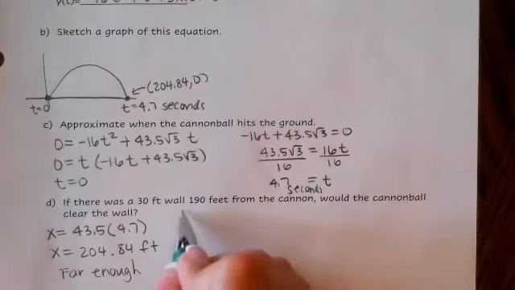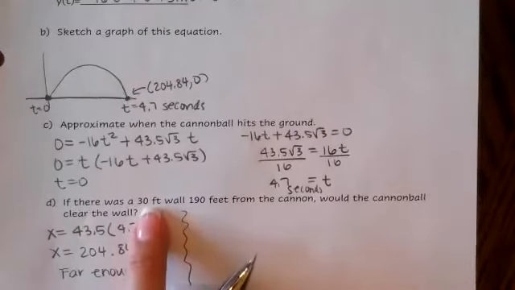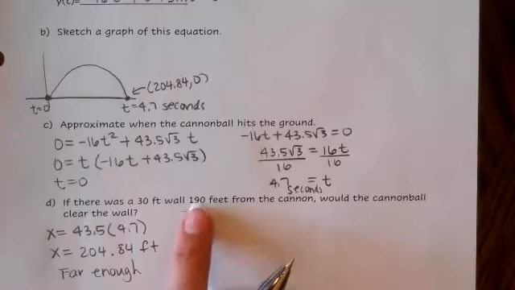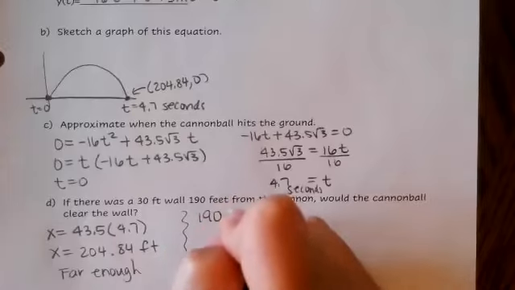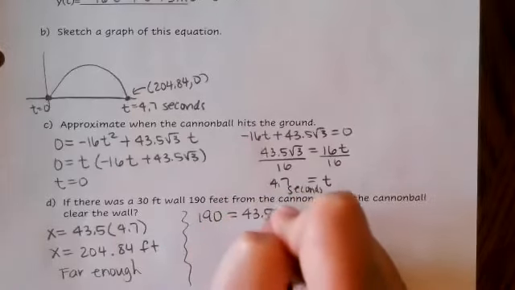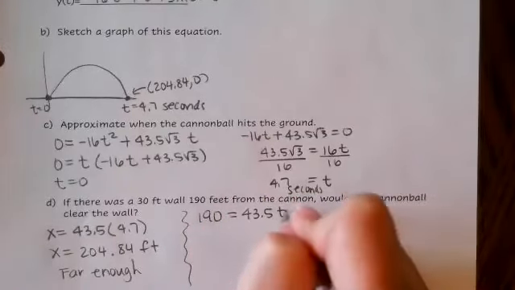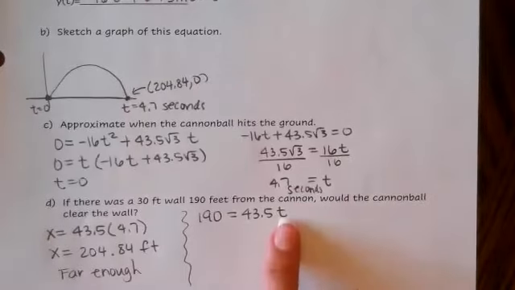Now we need to know, did it get high enough to pass that 30 feet? So we want to know at 190 feet, how high is it off the ground? So we are going to plug in the 190 for our horizontal, so that we can see what the time is, and we can use the other equation to find its vertical there.